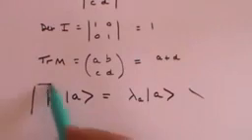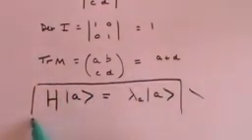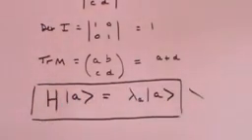Not a vector, not a matrix, just a number. It might be a complex number, but in this case it will be a real number. So it'll have no imaginary term.